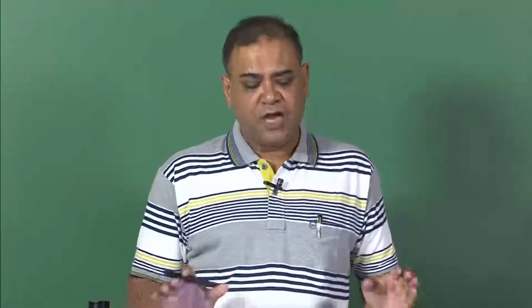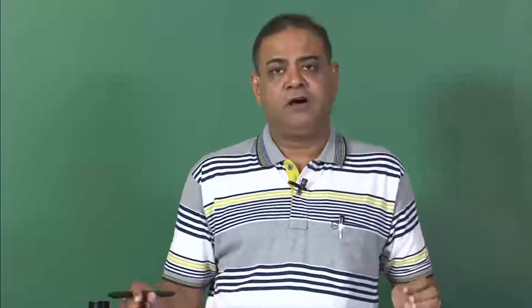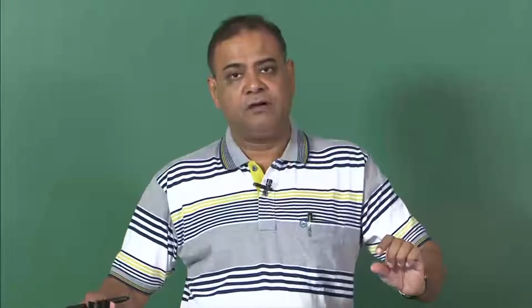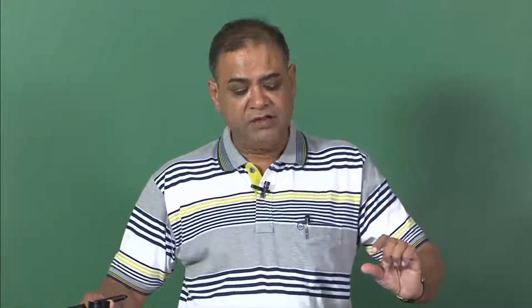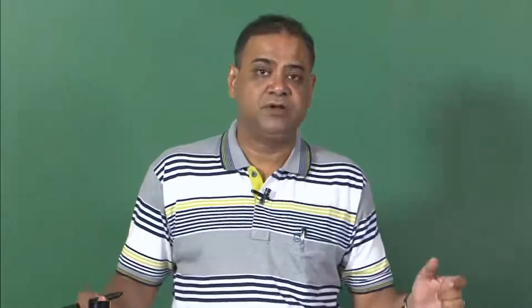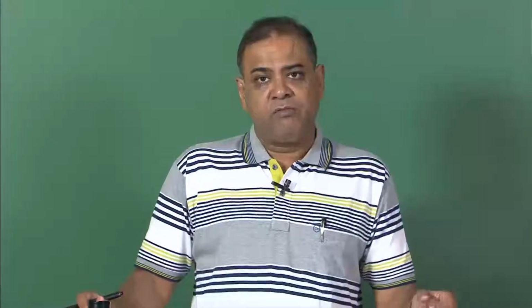Thank you very much, and wait for the next lecture where we will talk about the effect of increase in exchange current density for a particular cathodic reaction by changing the metal surface, and then its effect on corrosion of metal. Let us stop it.